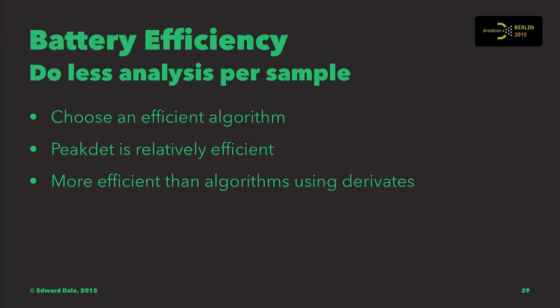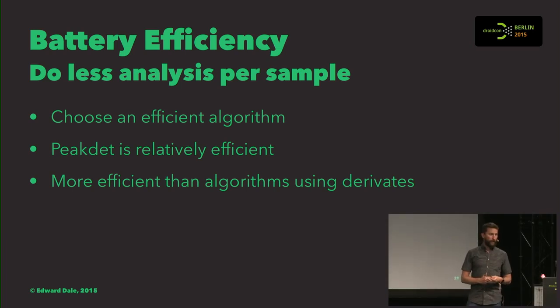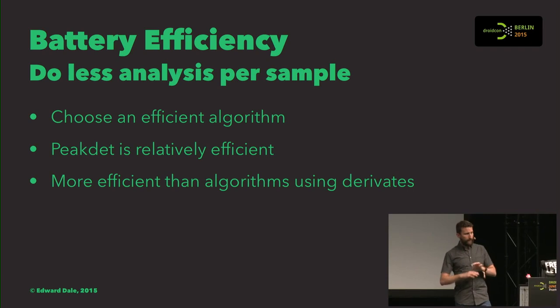So you can analyze more or fewer samples. That's good. You can also do less analysis per sample. So this comes down to algorithm selection. We saw that peak detection was a relatively efficient algorithm. It didn't have any crazy functions like cosines or crazy powers. Because this peak detection stuff gets as complicated as you want.